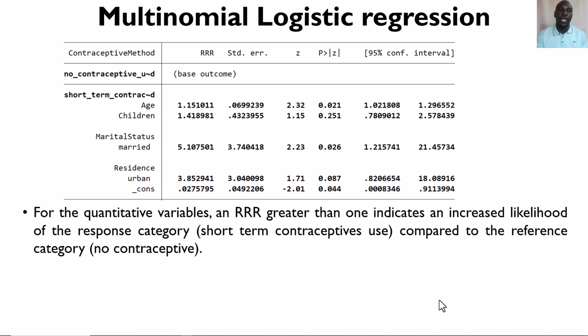When it comes to a numeric variable, for example, age here, a relative risk ratio which is greater than 1 indicates an increased likelihood of the response category, in this case, short-term contraceptive, compared to the reference category or the no contraceptive.